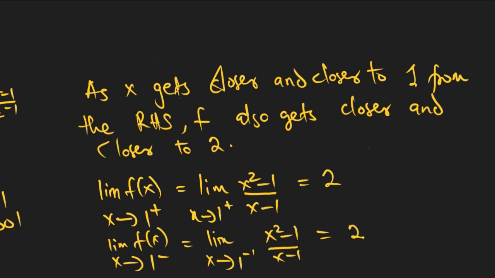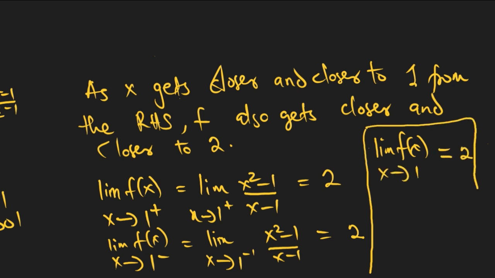Now, since both sided limits are equal, we say that the limit of this function f of x as x approaches 1 is equal to 2. So that becomes the limit for this function. I hope you all get it.